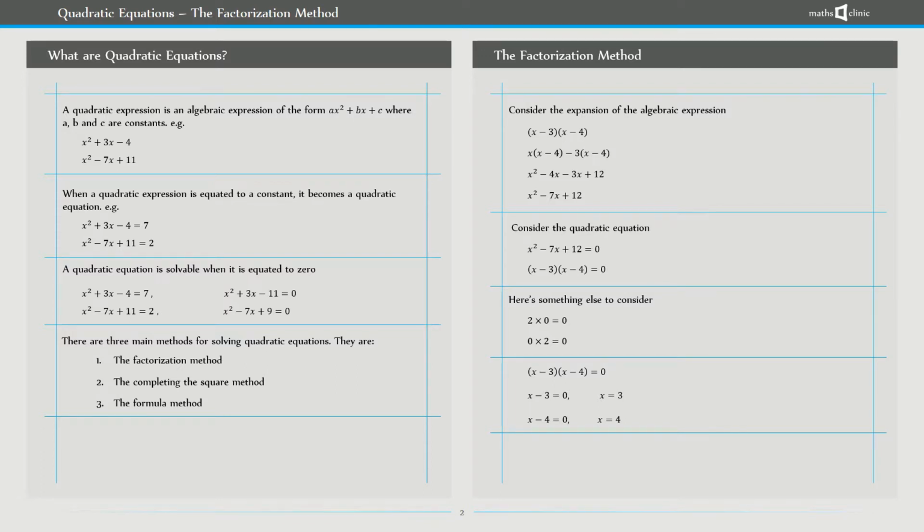So what we're going to learn now is how to get from that point, x squared minus 7x plus 12 equals 0, to x minus 3 multiplying x minus 4 equals 0. Because after that, it's fairly simple from there. And we're going to find that out now.